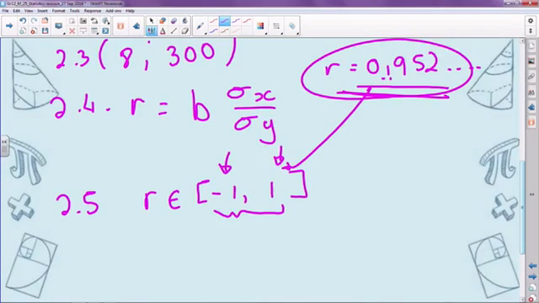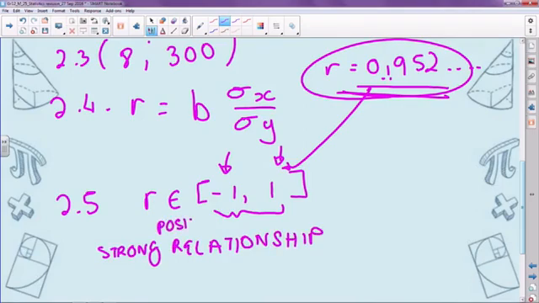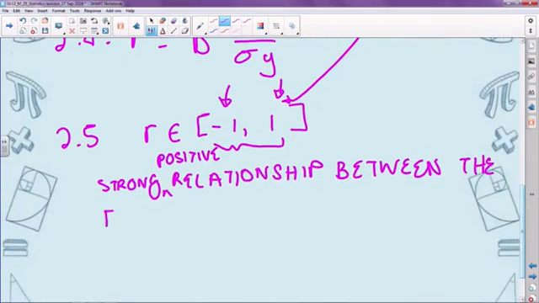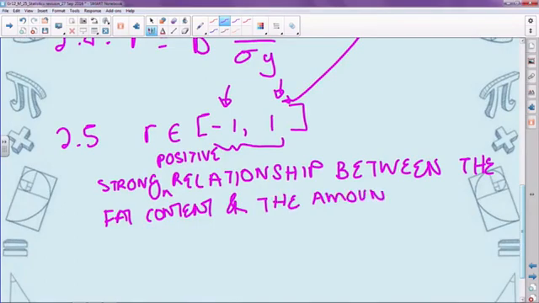So that tells me, therefore, there is a strong positive relationship between the fat in grams, or between the fat content, and the amount of energy released in these foods.